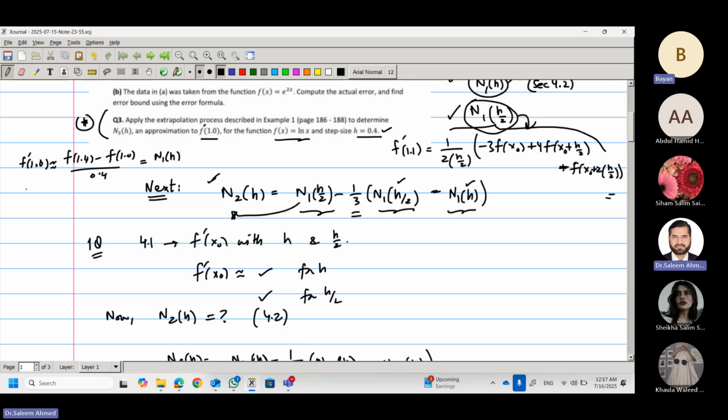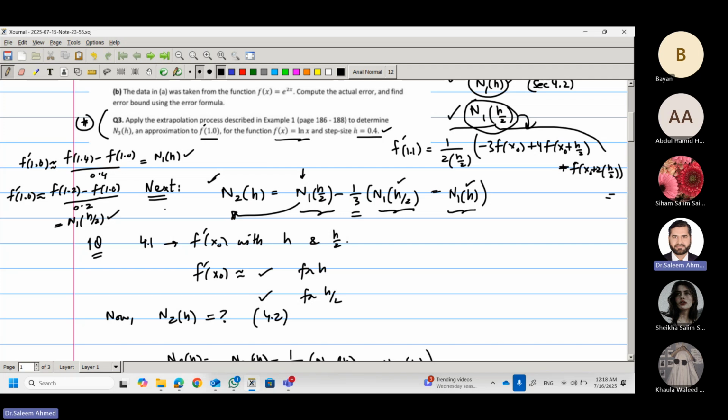The next is again approximating the same thing, but now change h to h by 2. So it means f of 1.2 minus f of 1.0 divided by 0.2. Agree? Yes. So we will call it N1H by 2. That was N1H, this is N1H by 2. So now you can put N1H and N1H by 2 in the formula.